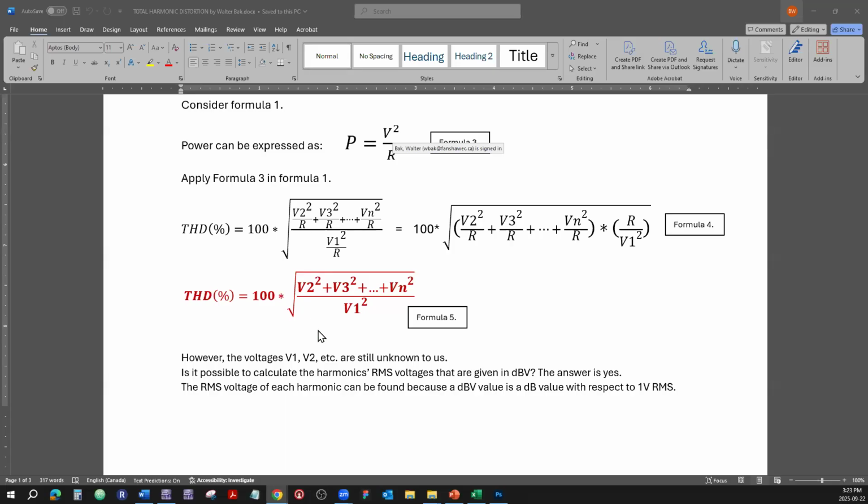Yes, we can, because the dBV is a number with a reference to 1 volt. So what did I write here? It is possible to calculate the harmonics RMS voltages that are given to us in dBV. The RMS voltages of each harmonic can be found because dBV is dB with a reference to 1 volt RMS.